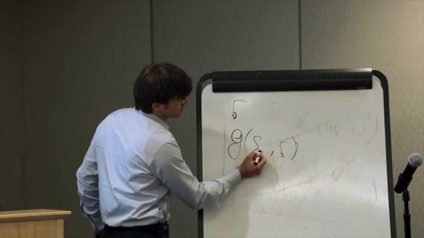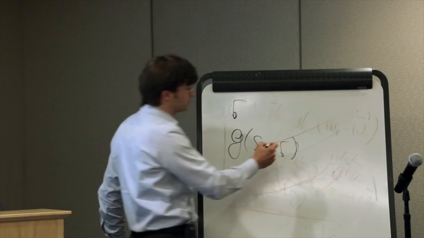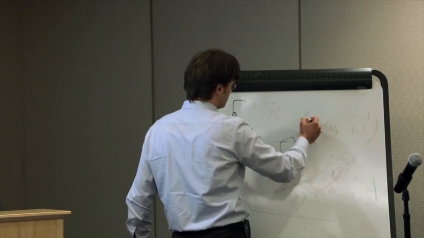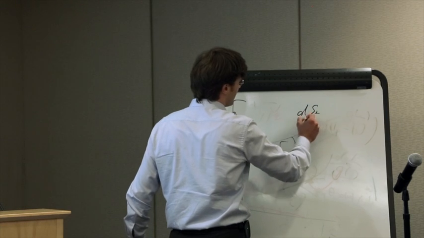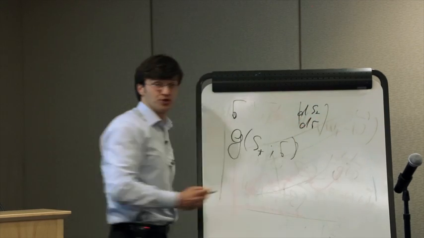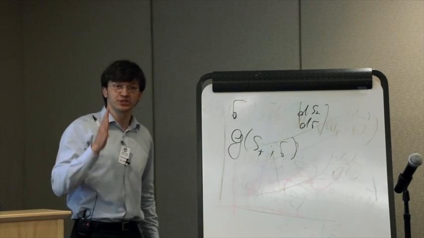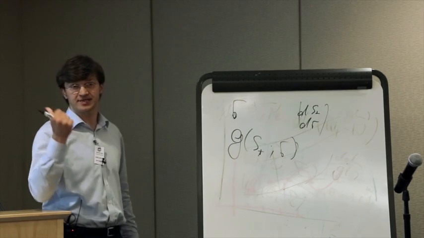So what you do, let me explain. What you do is you perturb the system in dst and d sigma jointly. You perturb it jointly in the state and in sigma.